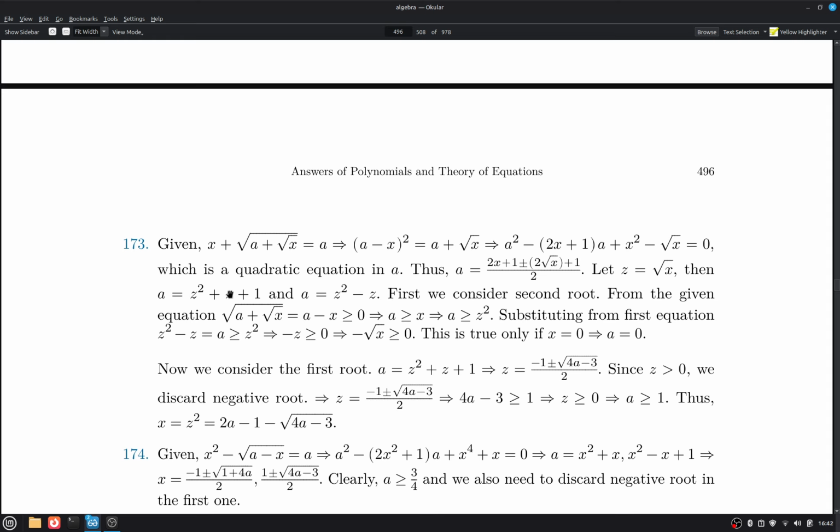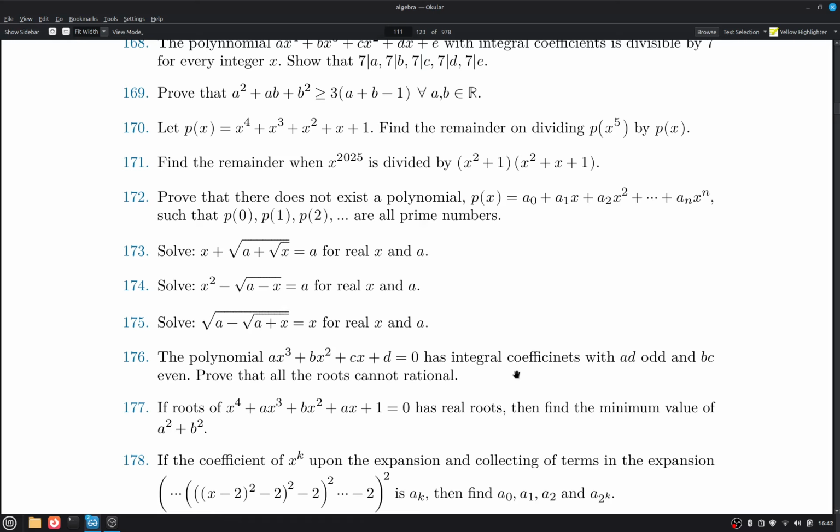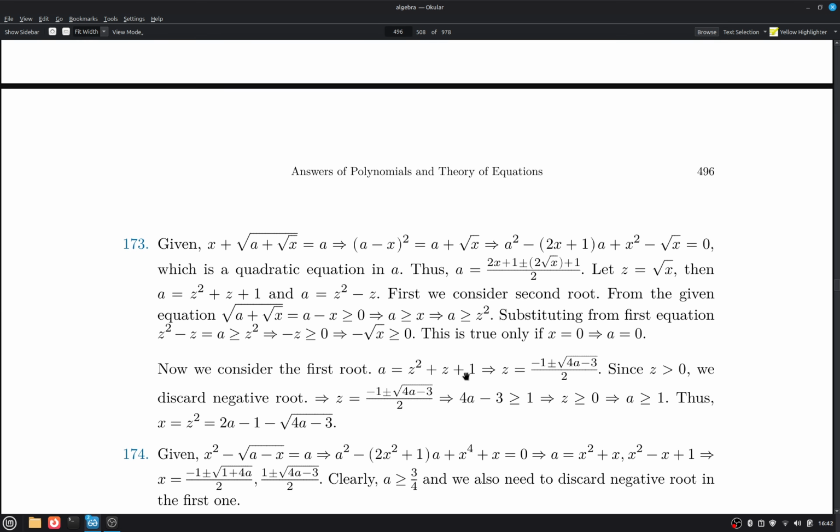Now we consider the other root. So a is equal to z squared plus z plus 1. So this is a quadratic equation in z. We solve to get the roots as minus 1 plus or minus square root of 4a minus 3, by 2. Now a is real, so z would also be real.